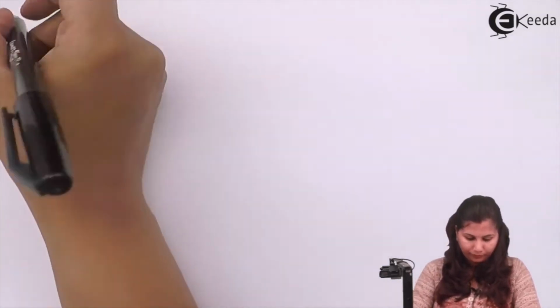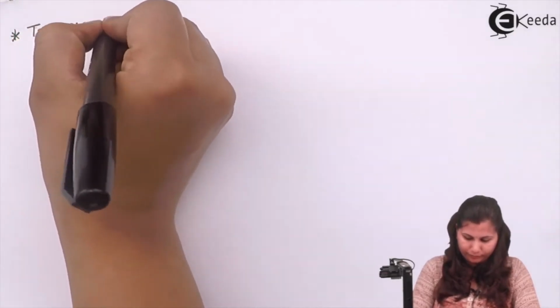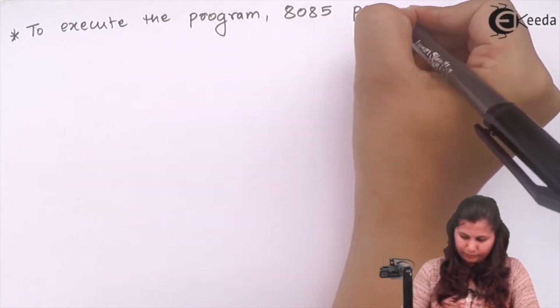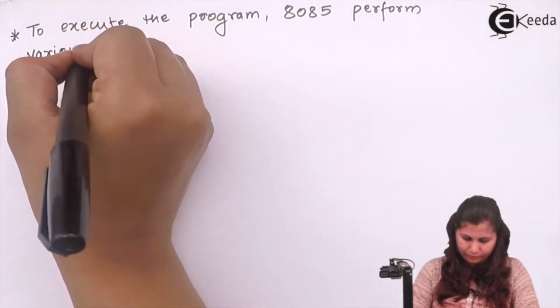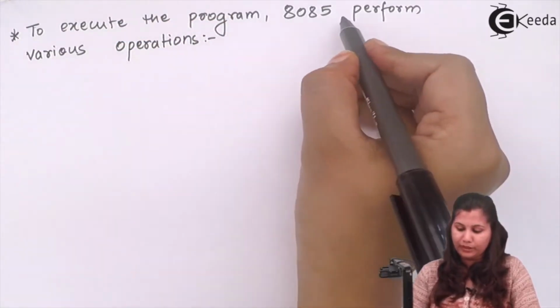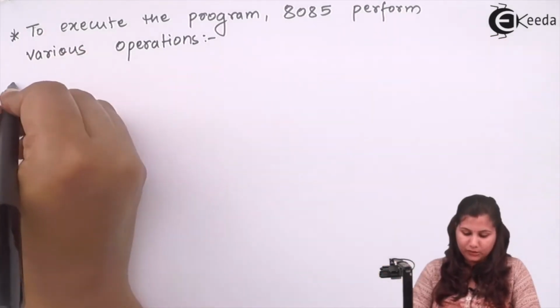First, let's have a view on the various operations performed by the microprocessor, because we are saying that machine cycle is the time required to complete the execution of one operation. So let's see what are the operations which are performed by the microprocessor. To execute a program, the 8085 performs various operations.